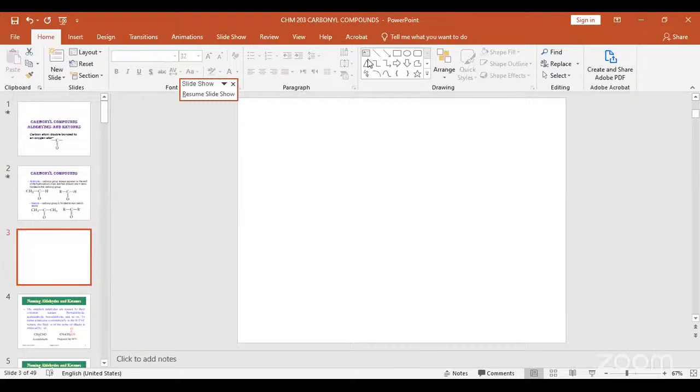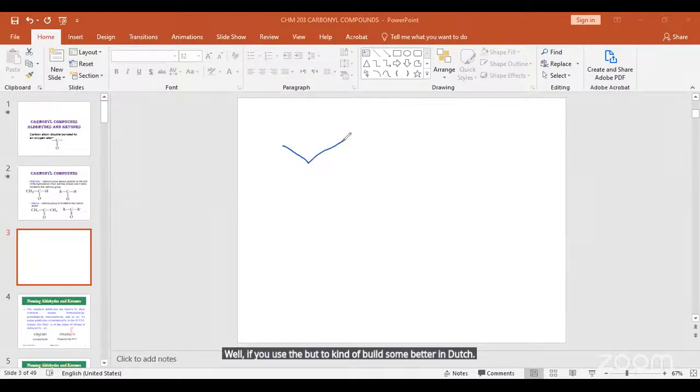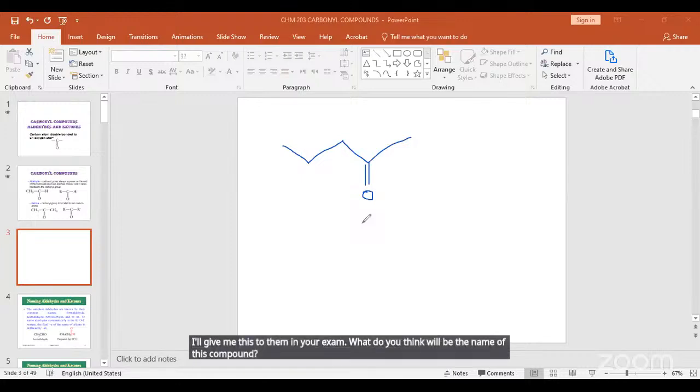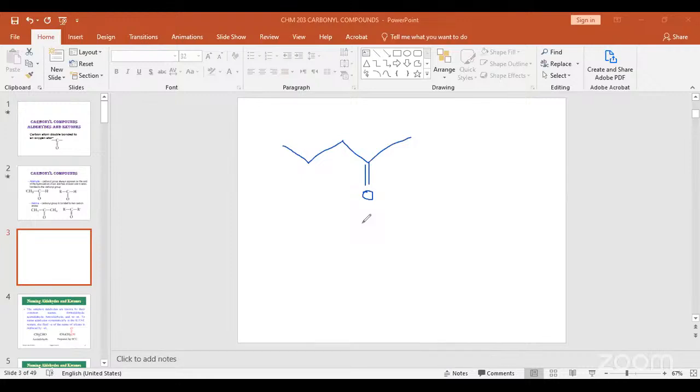Once you use the board to make some better explanation on that, we are giving this to name in their exam. What do you think will be the name of this compound? Anybody?